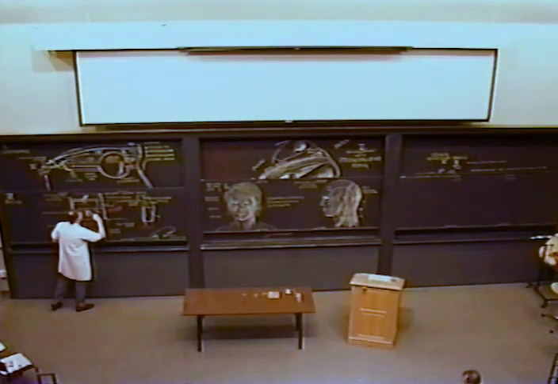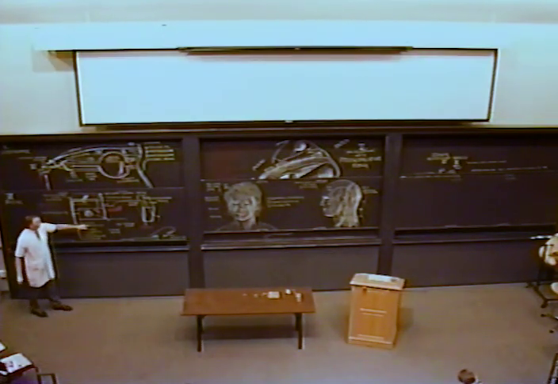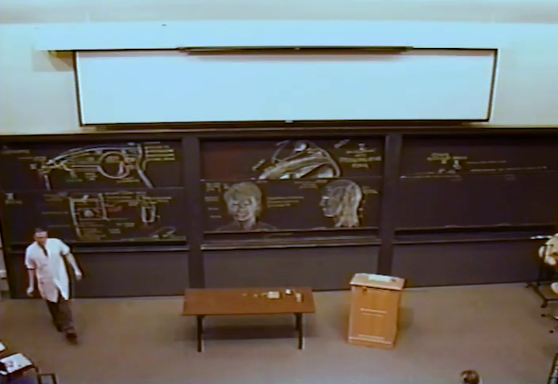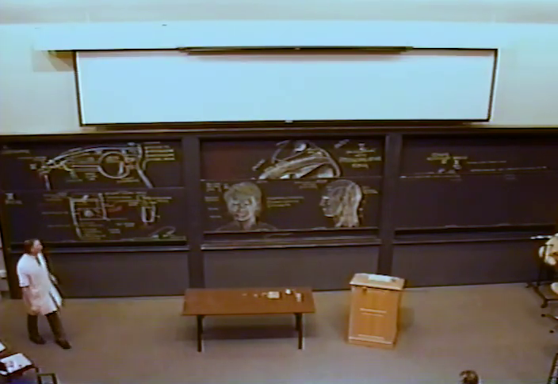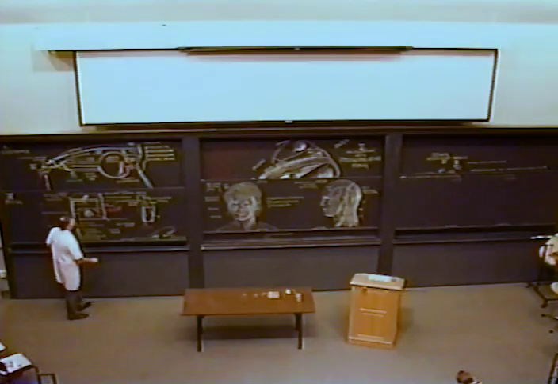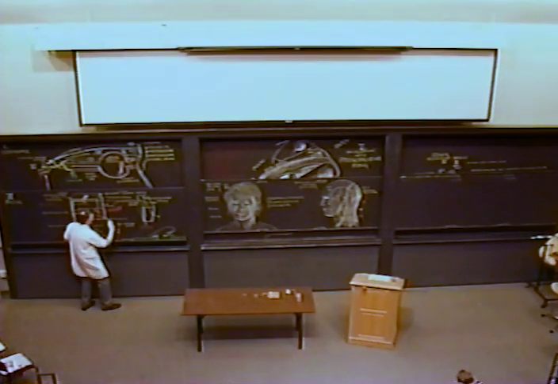This is the great chorda tympani, which escapes from the middle ear through an anterior canaliculus, a little canaliculus on the medial side of the sphenoid spine.